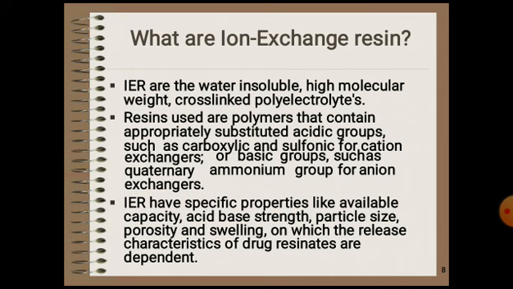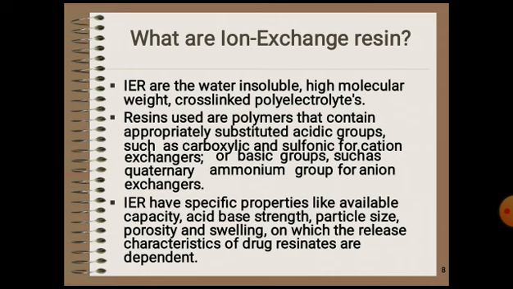So the resins used are polymers, nothing but the different types of polymers we are using. In that we are considering the ionic resins. It may be anionic or it may be cationic, containing appropriately substituted acidic groups such as carboxylic acid and sulfonic acid for cation exchangers.